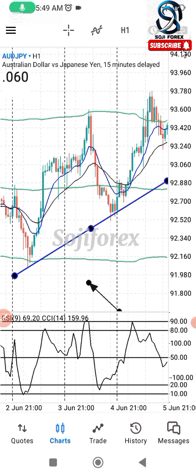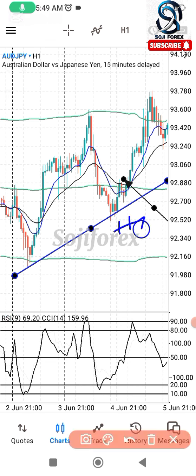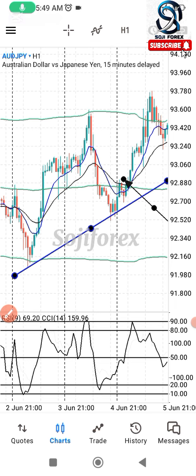When you include your price action, this is where we get most of the time our next higher low. So 80% of our higher lows are formed when price crosses above the middle Bollinger band, then pulls back to retest it, and then gives us a new high.